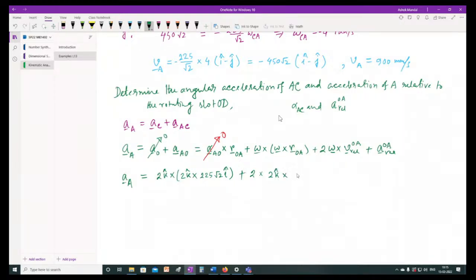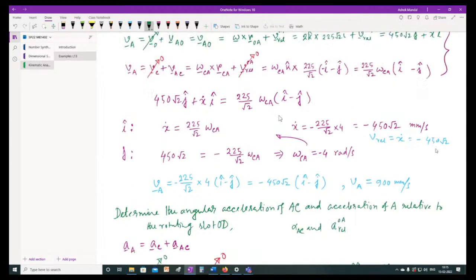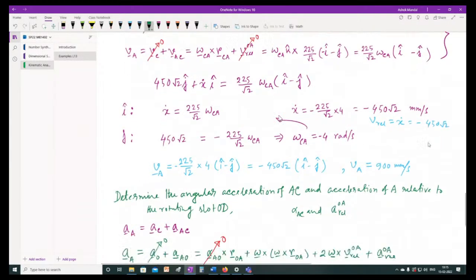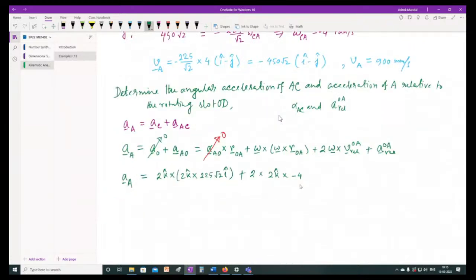What is V relative OA? क्या था? Minus 450 √2 I cap. ठीक है.